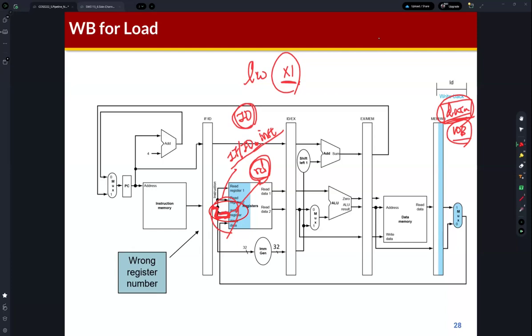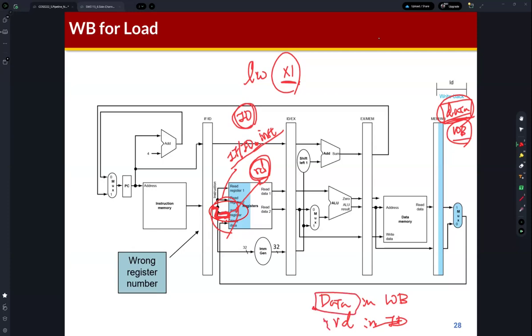The problem is, data is stored to the register file, but this data is the data in write back, and the RD is the RD in ID. What's the problem? The timing is different.